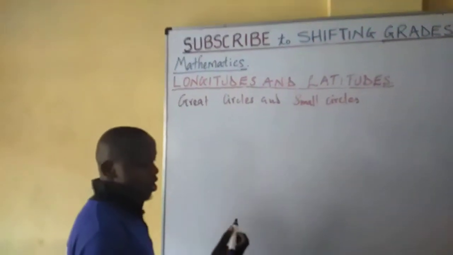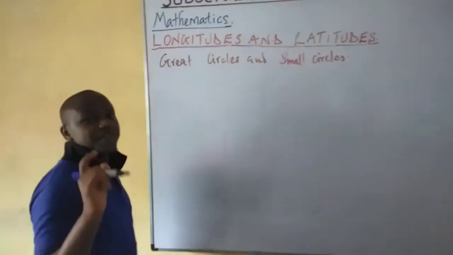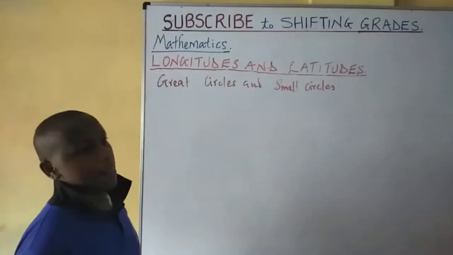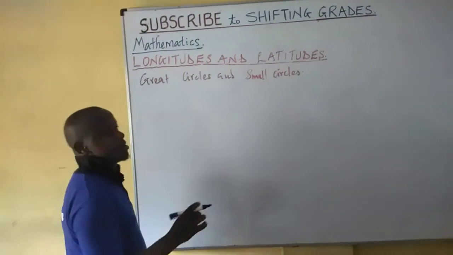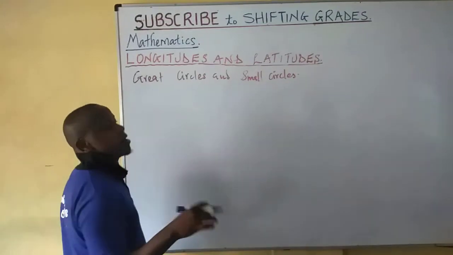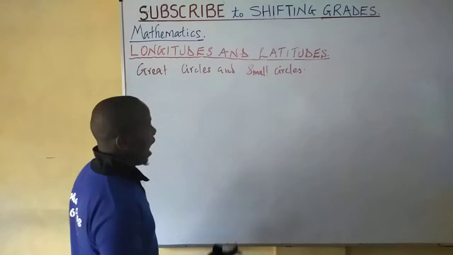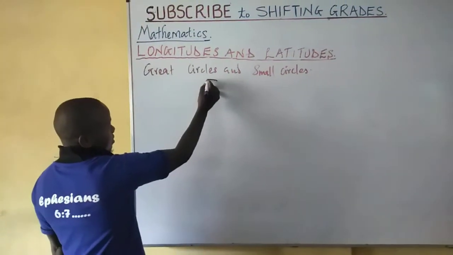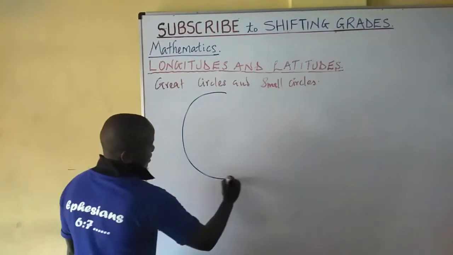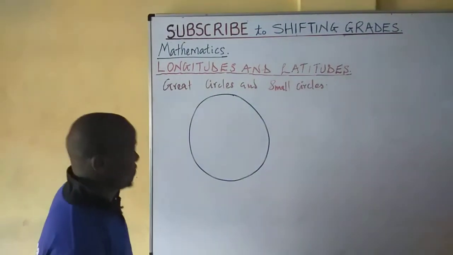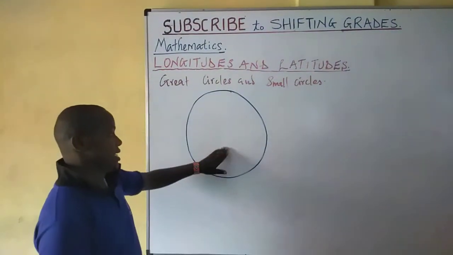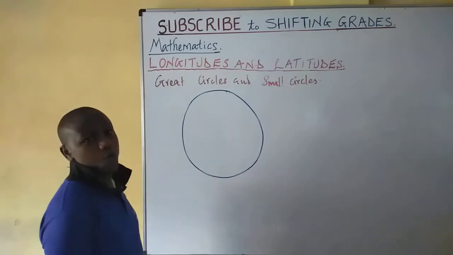I know we are all aware that the Earth's surface is a sphere, or the Earth is spherical in shape, even though it is not perfectly a sphere. Therefore, we are going to define a few basic lines before we continue.